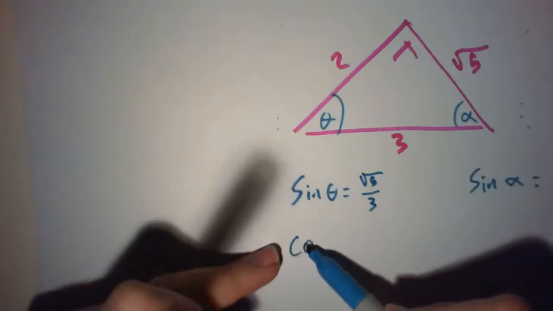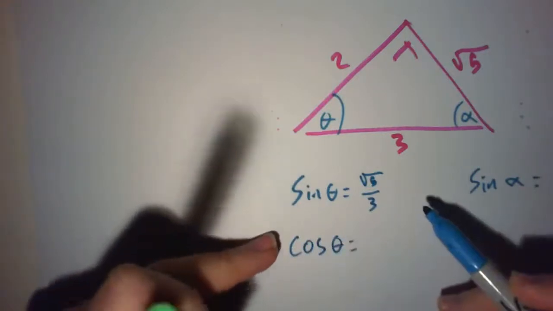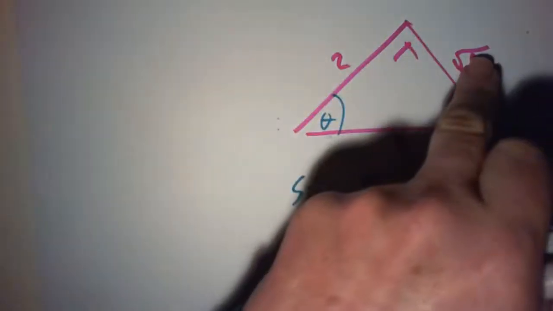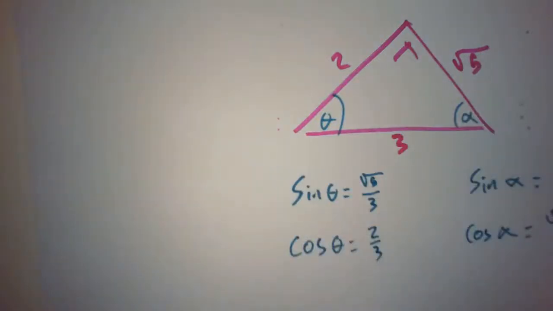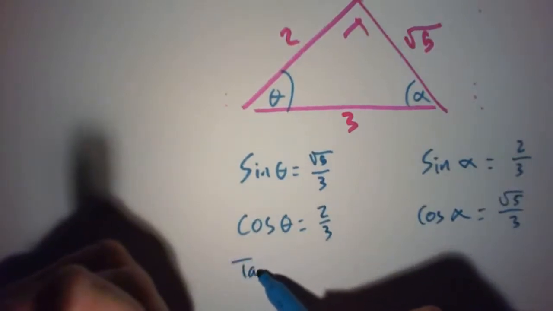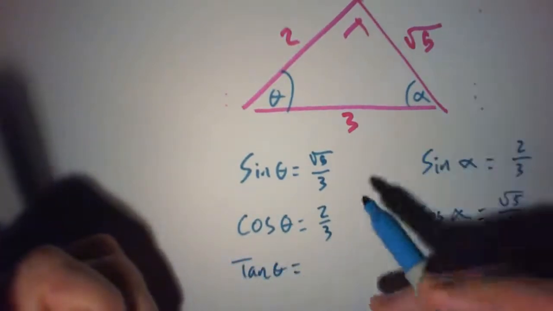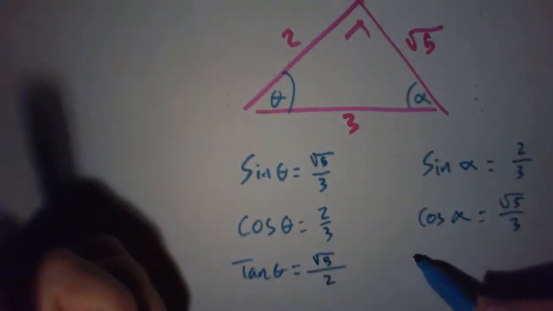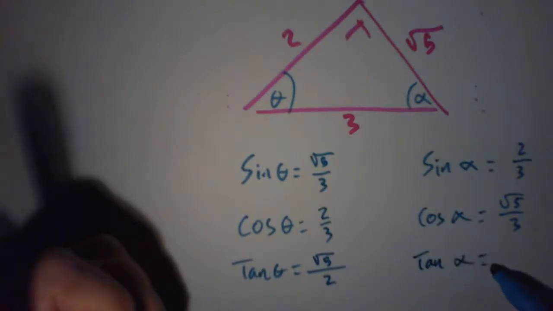The cosine of theta is going to be adjacent 2 over hypotenuse 3. The cosine of alpha is going to be adjacent root 5 over 3. And then the tan of theta is going to be opposite over adjacent. And the tan of alpha is going to be opposite over adjacent.